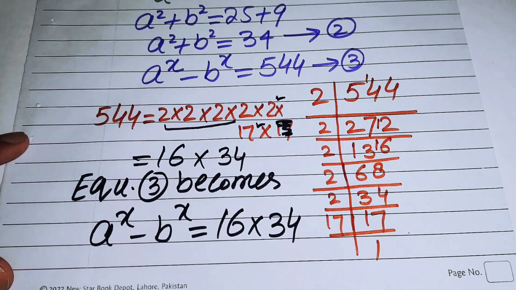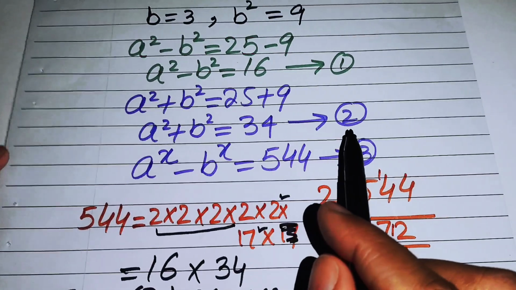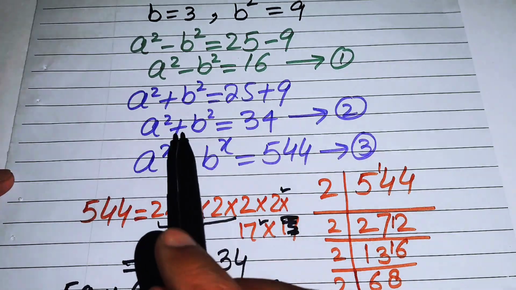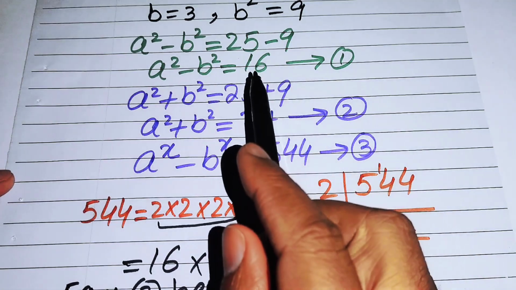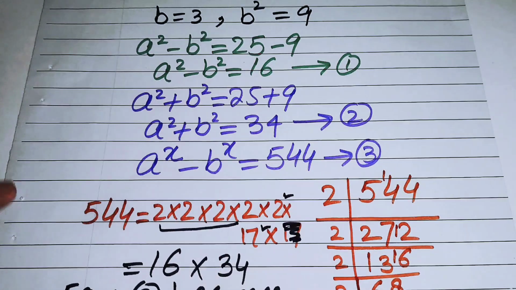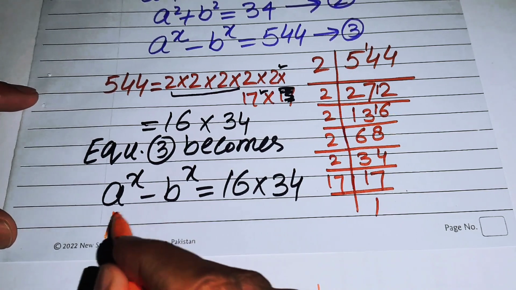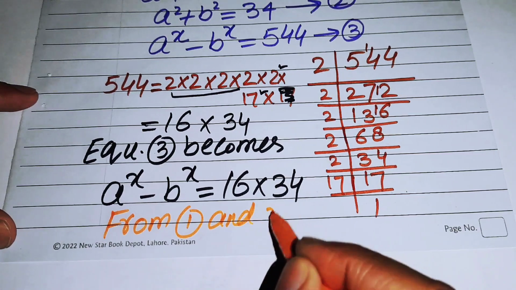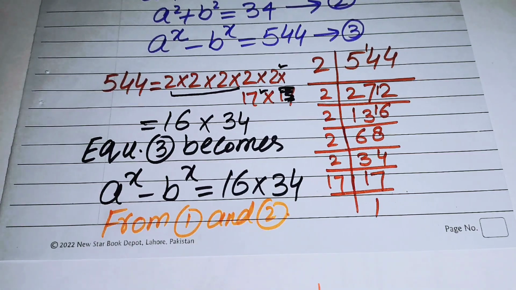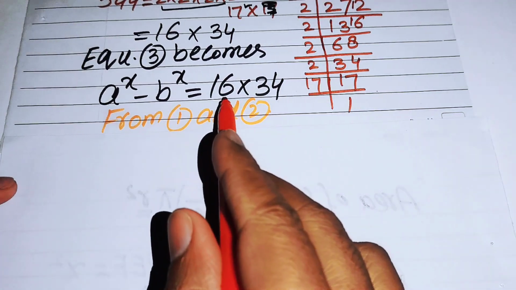Now you see from equations number 1 and 2: in equation number 2 we have 34 equals a squared plus b squared, and in equation number 1, 16 equals a squared minus b squared. So now we use these two values.